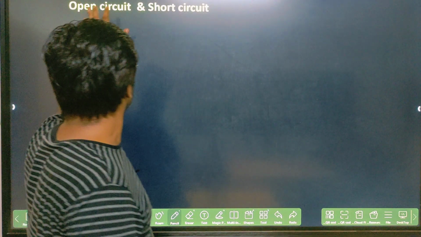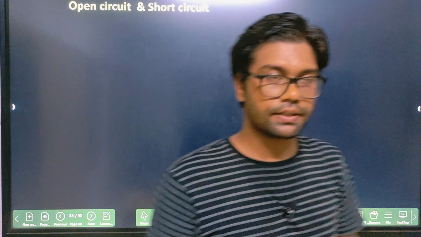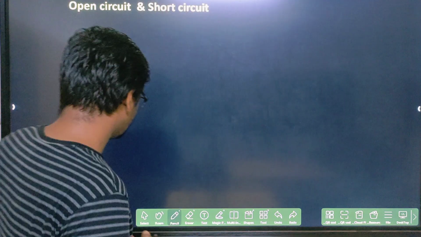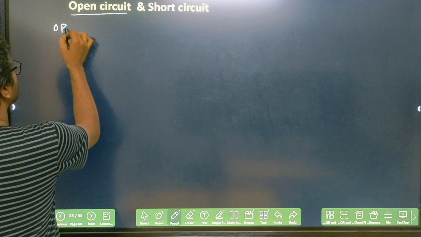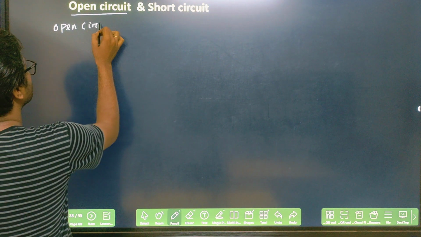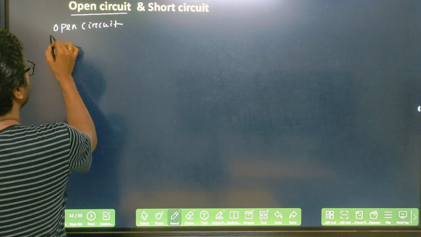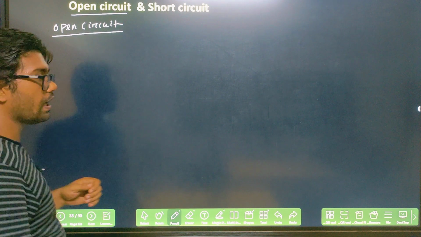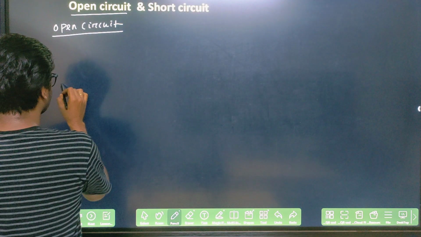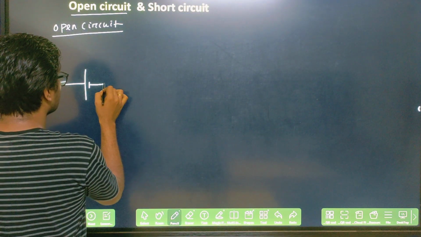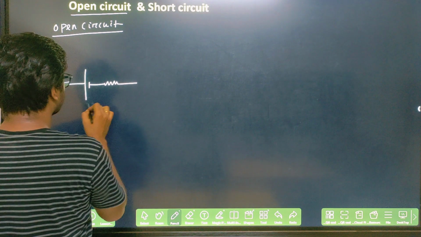Now we'll see one more concept, that is open circuit and closed circuit. First of all, see the open circuit. In an open circuit there will be no current flow through the circuit. Let's say this is a practical cell or real cell.